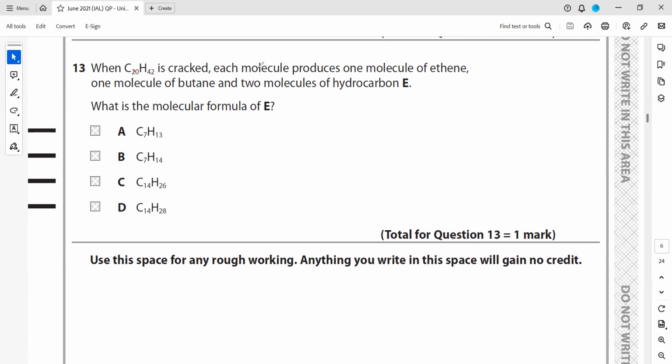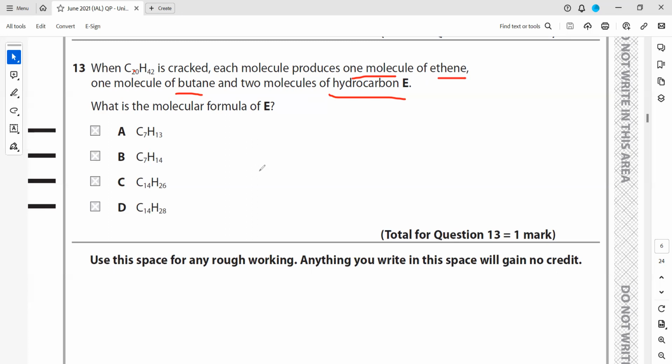When C20H42 cracks, each molecule produces 1 molecule of ethene, 1 molecule of butane, and 2 molecules of a hydrocarbon. So what is a molecule?